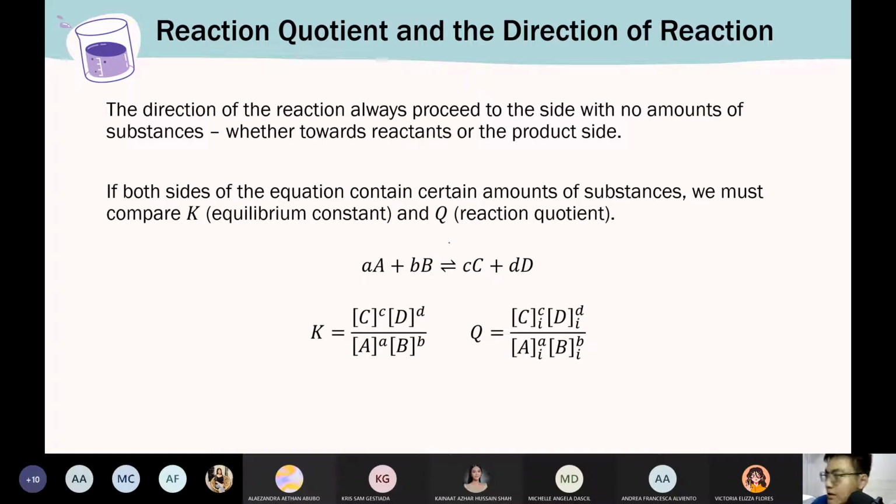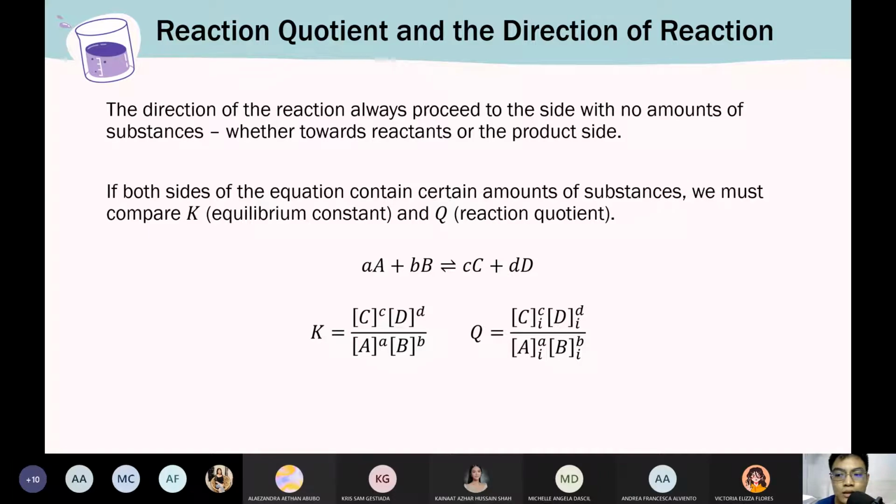So now let's proceed with one of the most important topics, probably, in analytical chemistry. This topic is about the direction of reaction and the reaction quotient. Diba, what we want is the K, the equilibrium system.